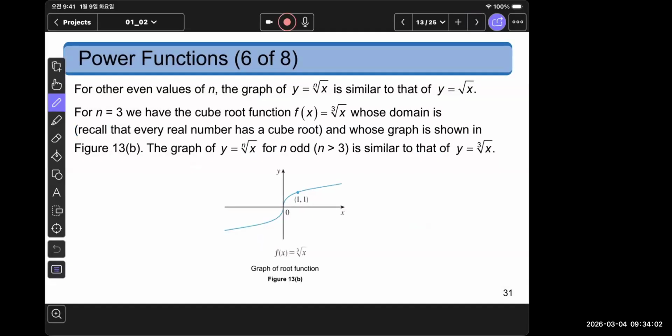If n is an odd number, like 3, then you get the cube root function, which is defined on the whole real line. So the domain is the whole real line.